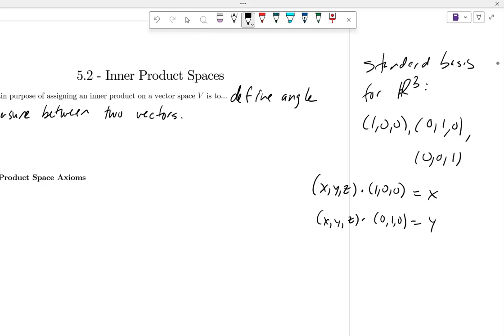When I've got a basis that's set up like this, there are two qualities that this basis has that we have to have in order to be able to do this. Notice that each vector has length 1. Each vector is a unit vector, right? Also notice that if I take them two at a time, they're always orthogonal. We call that pairwise orthogonal.